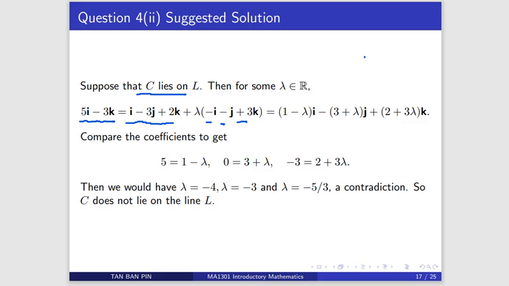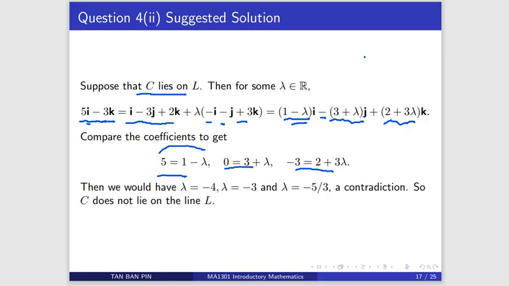After that, you can compare the i component. 1 minus lambda must be 5. Then the j component, minus 3 minus lambda must give you 0, because OC has no j component. And then you look at the k component, which is 2 plus 3 lambda must be minus 3.